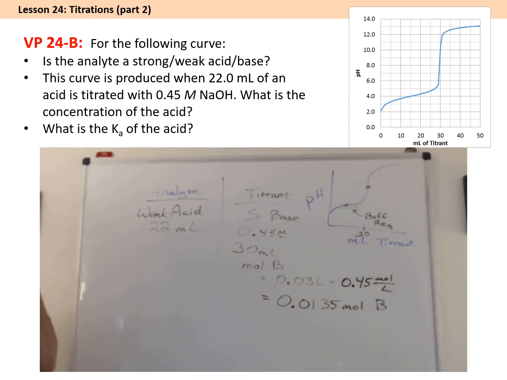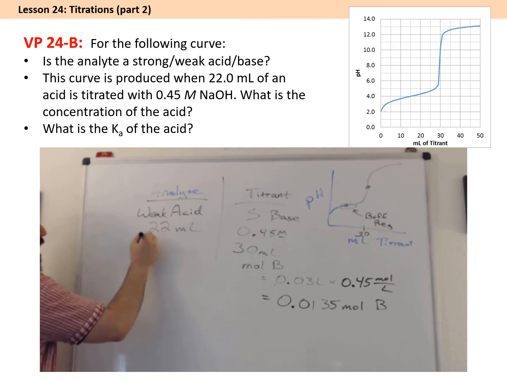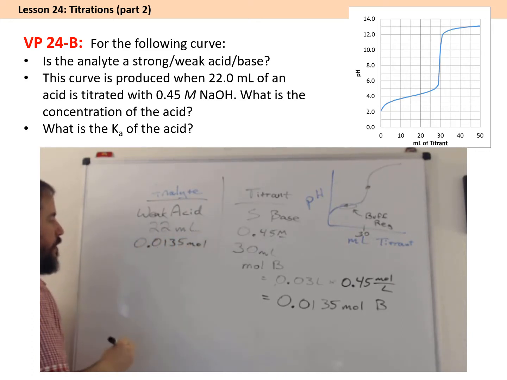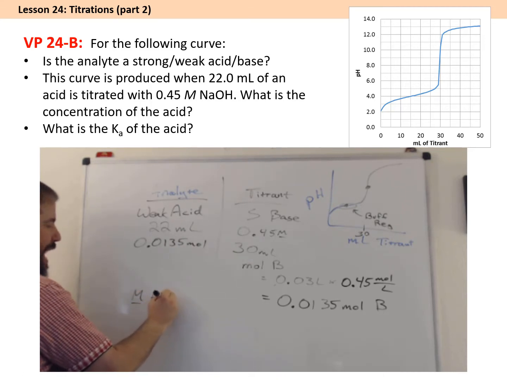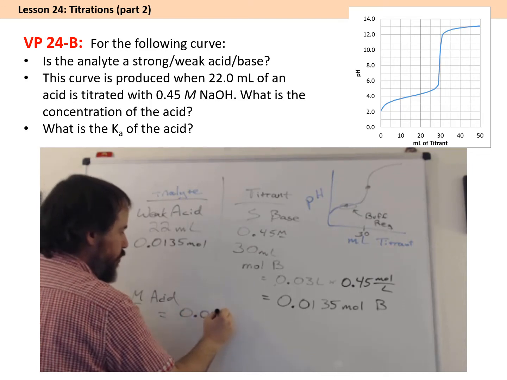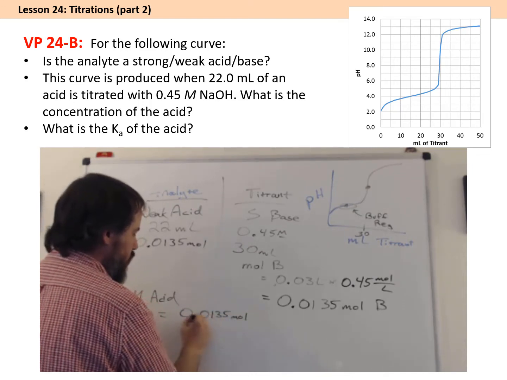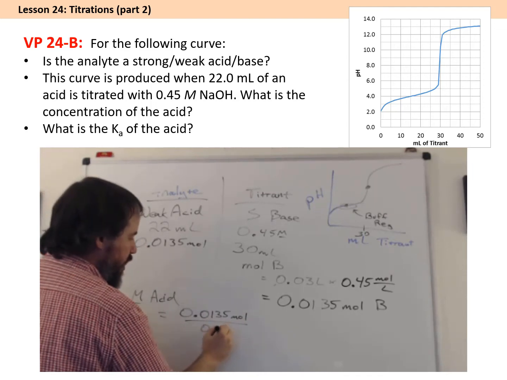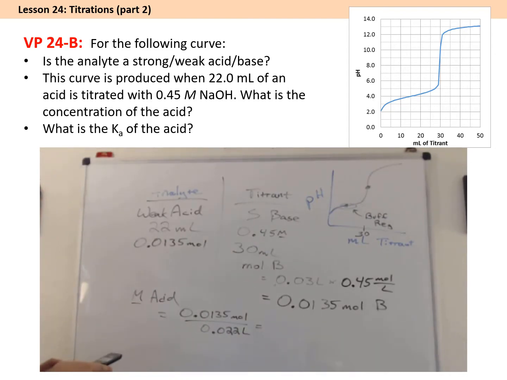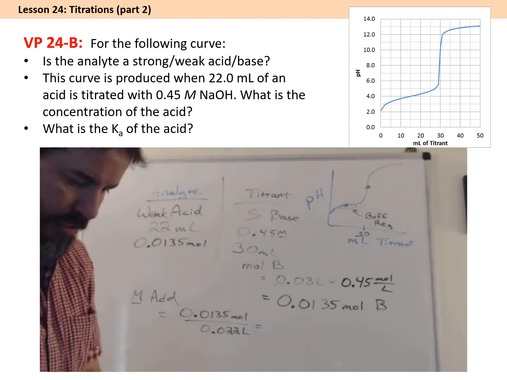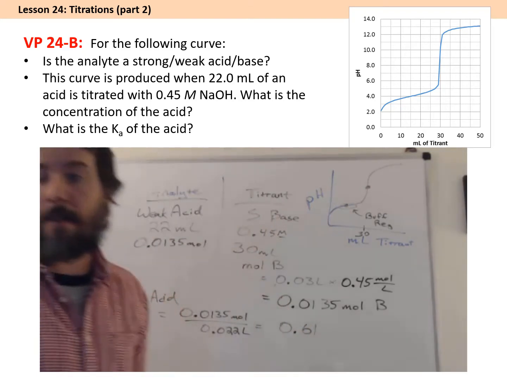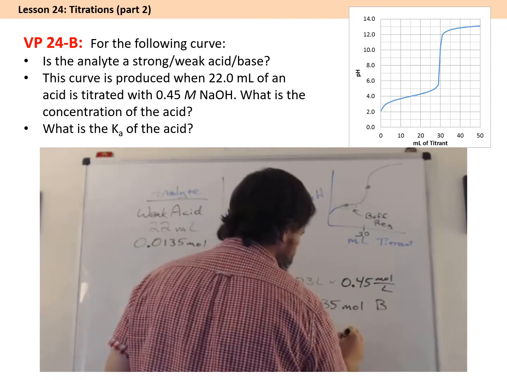All right, that's how many moles of base. So that's also how many moles of acid I have at that point. Okay? So now I can figure out the molarity of my acid by saying it's 0.0135 moles over 0.022 liters, and I get 0.61 molar acid.